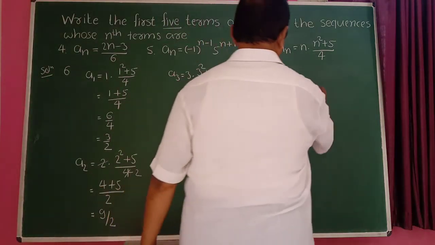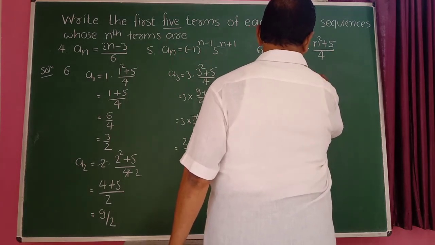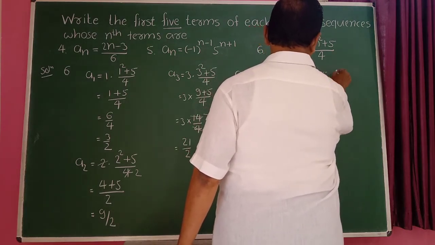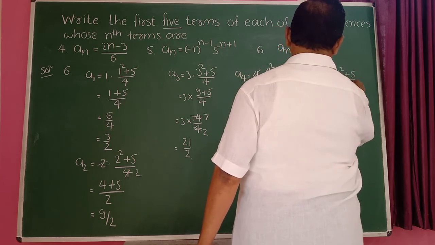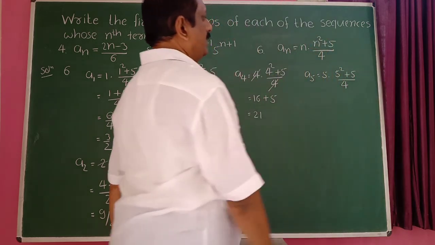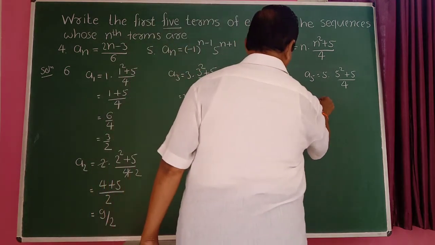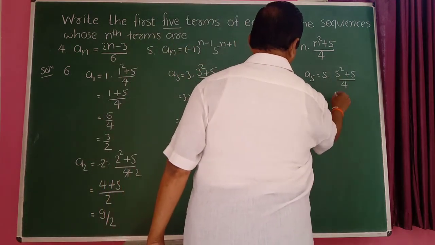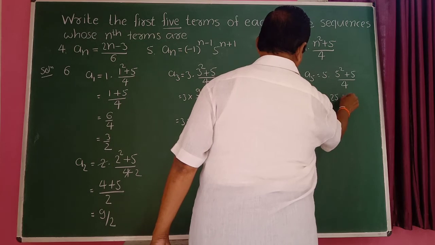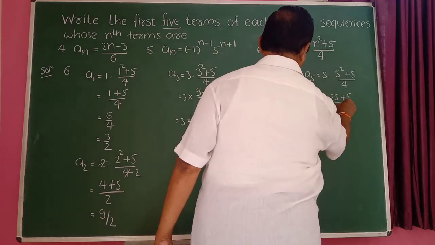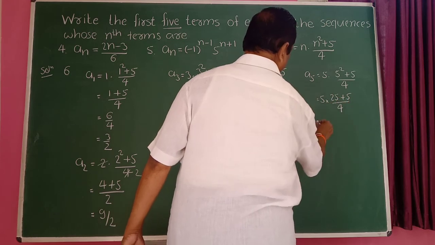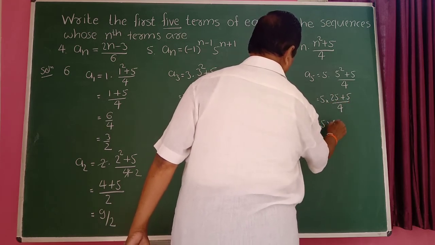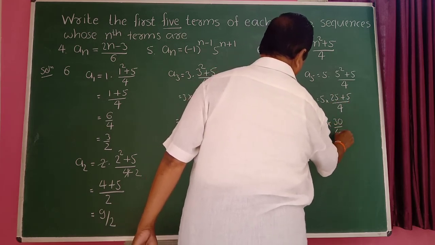Next, a5. a5 is equal to 5 into 5 squared plus 5, divided by 4. Put n value 5 here. So this is equal to 5, keep as is. 5 squared is 25 plus 5 divided by 4. Then 25 plus 5 becomes 30, so 5 into 30 divided by 4.